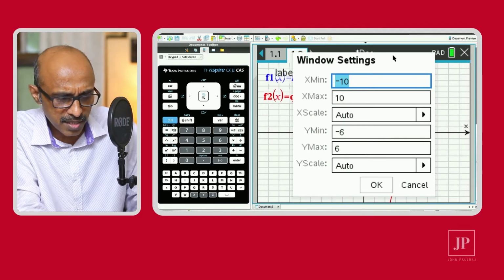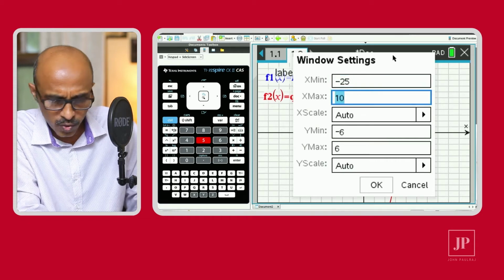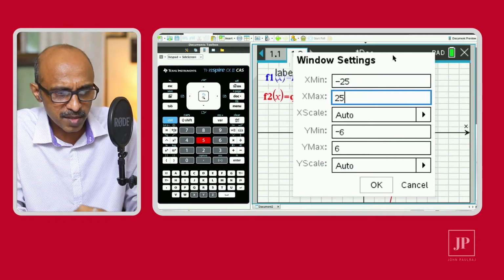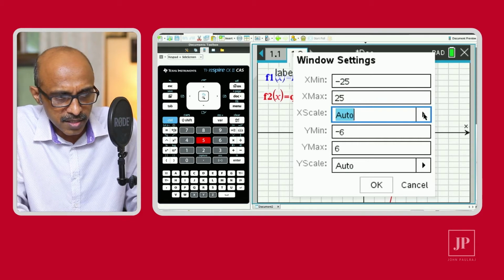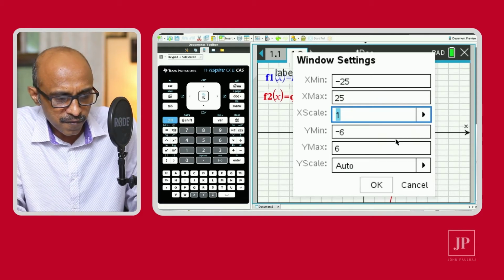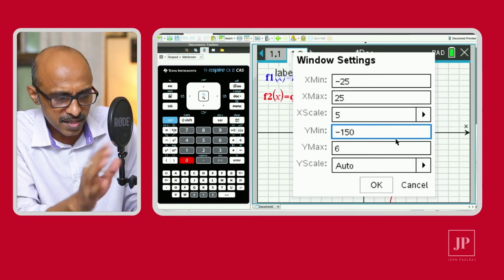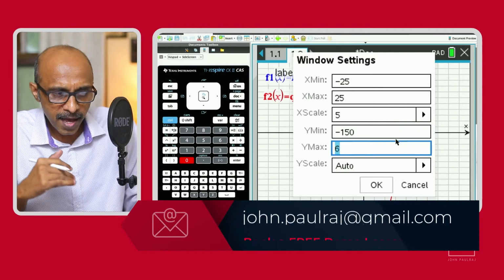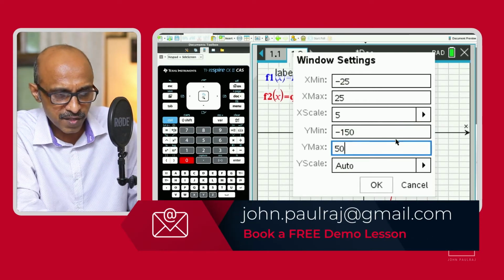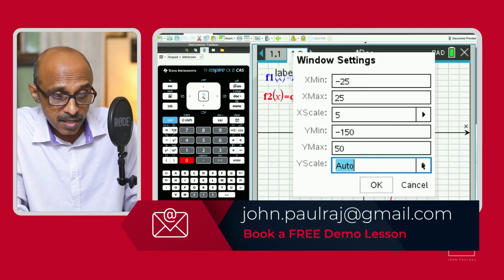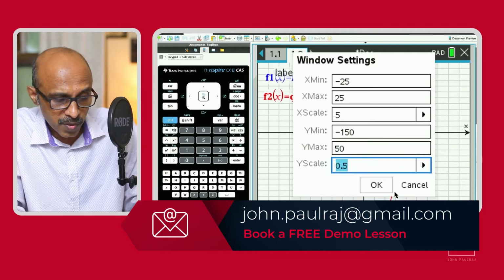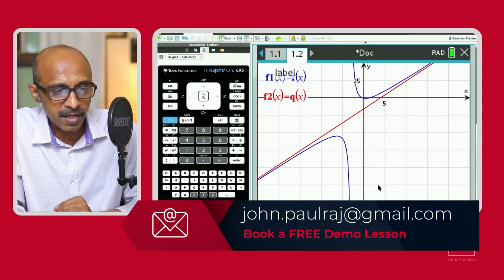I'm going to make xmin -25 and xmax 25, and the scale 5. And for ymin and ymax, I'm going to make -150 the minimum value of y and the ymax 50. The increment for y, I'm going to make 25. Let me just see what's going to happen.